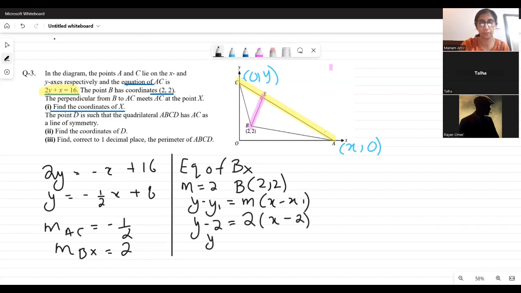So we have y minus 2 equals 2x minus 4. And then this would be y equals 2x minus 2. Is that what you said? Yes, miss. Okay, that's correct. Good job. So we have the equation of BX as well. Now, how do we find the coordinates of X?